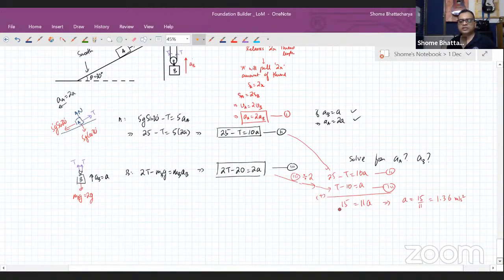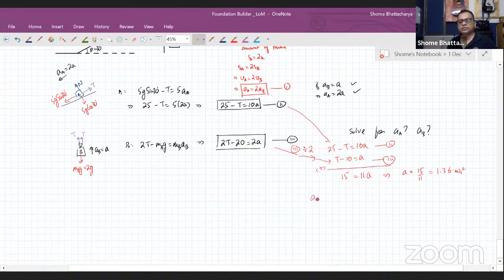So from that we are finally getting acceleration of A is 2a. So acceleration of A is 30 by 11, or that is approximately 2.73 meters per second squared down the incline.